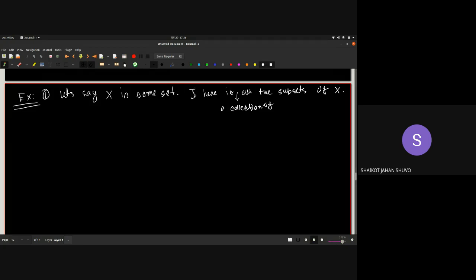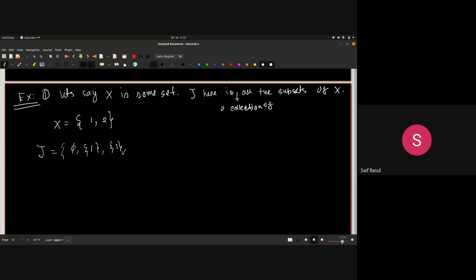Take a very discrete example, for example 1, 2, 3, or even 1, 2. Can anyone tell me what the subsets are? Empty set, 1, 2, and 1 2.